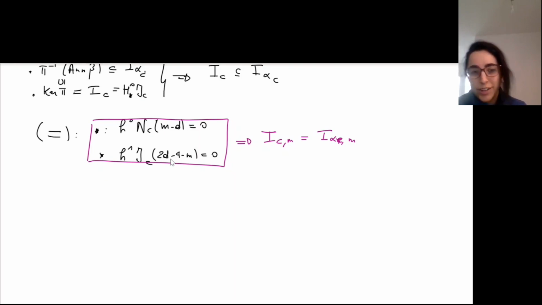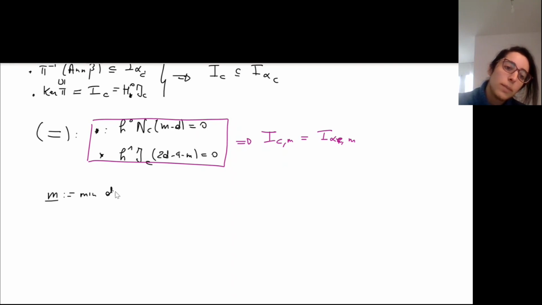We came out with general bounds with no dependence on m, because we set that m is the minimum degree in which E C is generated.